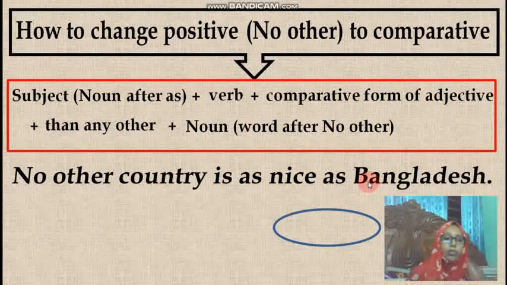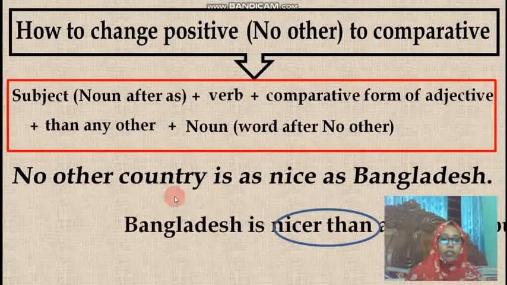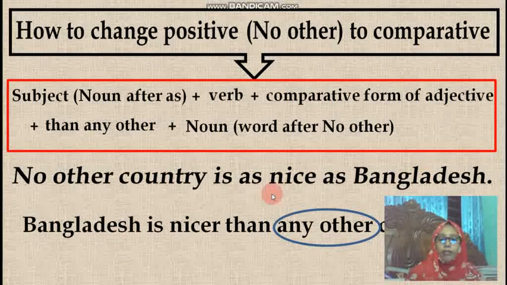At first, if we want to make it comparative, we have to use Bangladesh as a subject. Then, according to the subject, we have to use the verb "is". Then the comparative form of the adjective, nice, nicer.